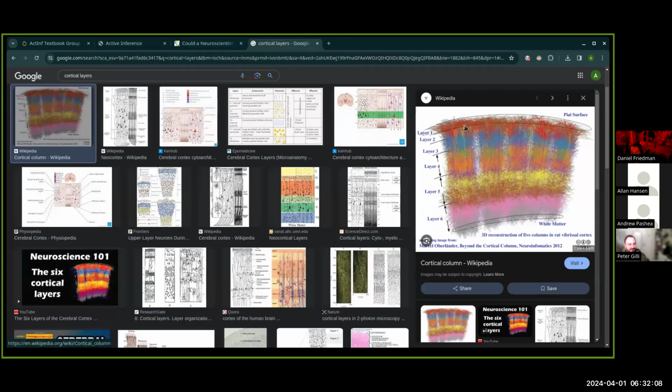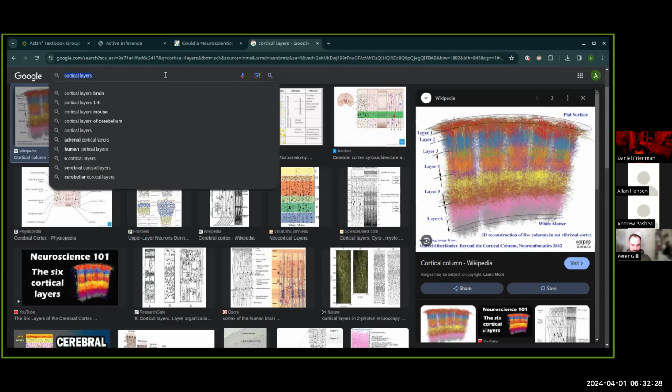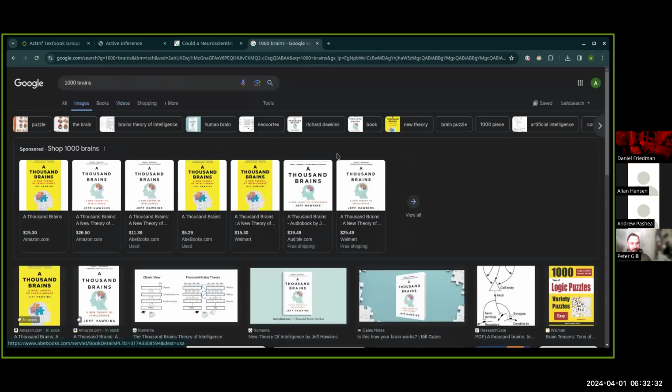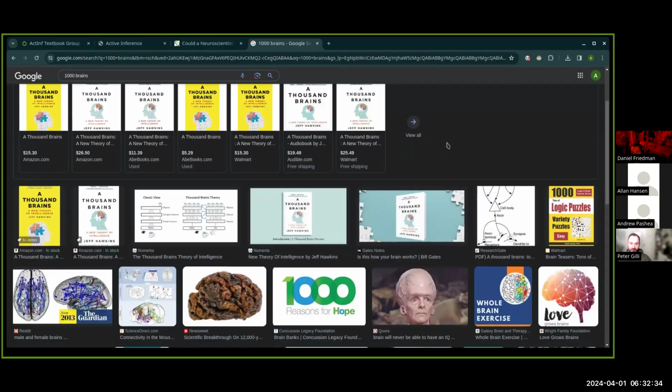But here's the cross section of the neural tissue, and here are those 6 layers. Here's the surface of the prefrontal cortex. And then here's the columnar architecture, these hexagonally tiled columns that are the basis of, for example, 1,000 Brains by Jeff Hawkins.